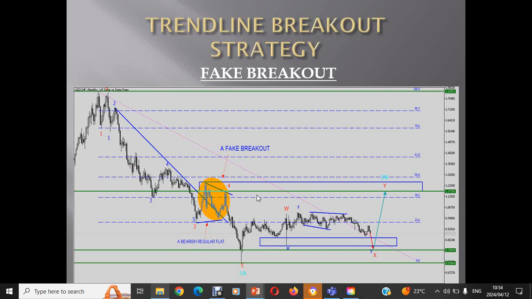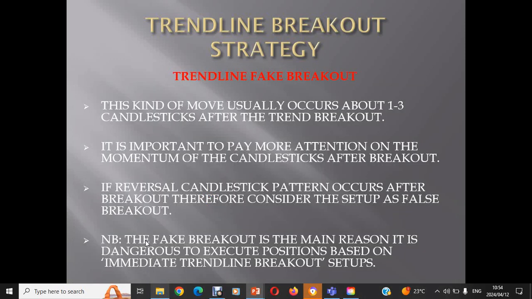As it happened here, you can see that the market formed a bearish reversal candlestick pattern, again a breakout, a bearish reversal candlestick pattern, again a breakout, another bearish reversal candlestick pattern. So whenever it forms a reversal candlestick pattern after a breakout, you might start to see that even though we have the breakout, this breakout might be a fake breakout.